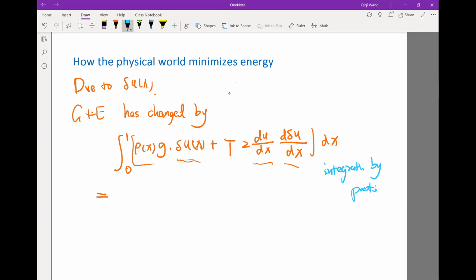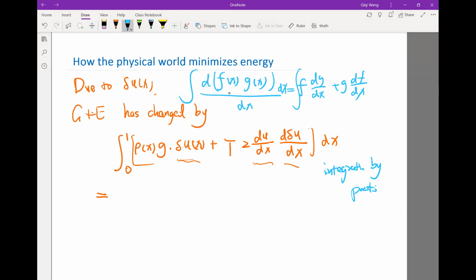If you have functions f and g, say f of x times g of x, and you take the derivative with respect to x, you get f times dg dx plus g times df dx, right? Okay, and if you integrate both sides in x, through the fundamental theorem of calculus, right?